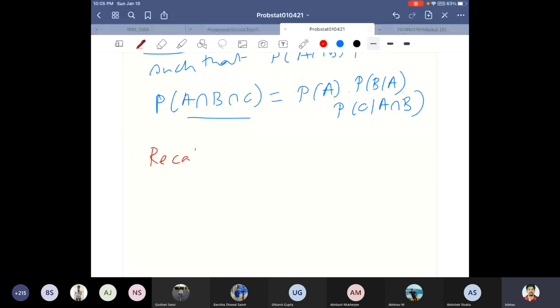We considered a situation before we introduced the concept of conditional probability. We considered a problem, and the problem was: what is the salary in Bihar? What is the annual salary of a teacher? Is it more than 5 lakhs?